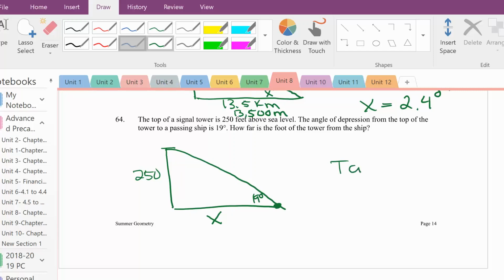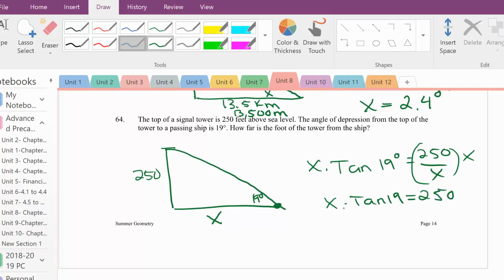So we go tangent 19 equals 250 over x. And then you multiply by x. And then divide by tangent 19. And when you type that in, you get x is approximately 726.1 feet.